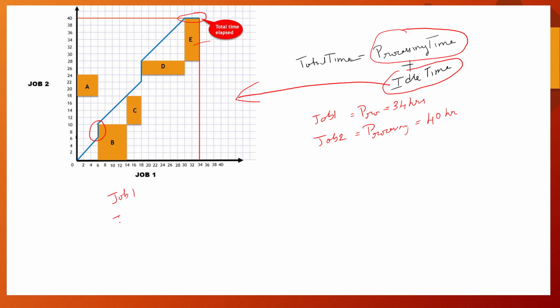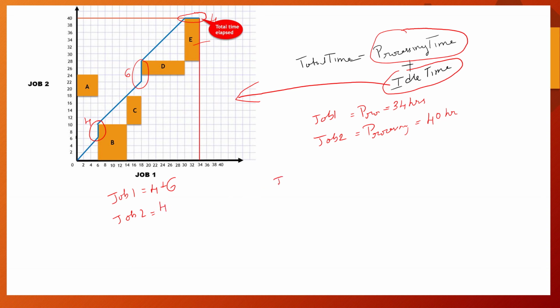So here job 1 is idle for 4 hours, and again job 1 is idle for 6 hours, and job 2 is idle here for 4 hours.